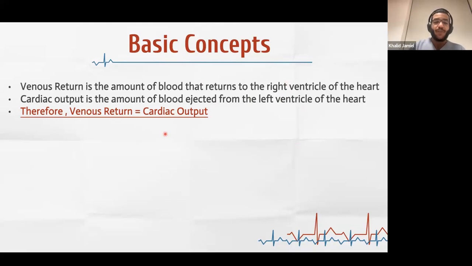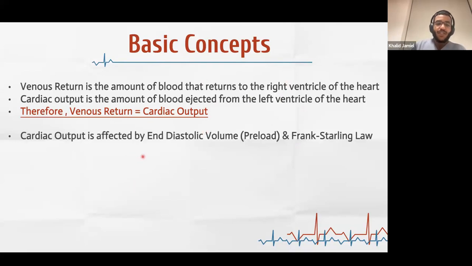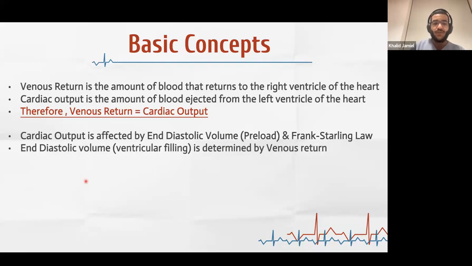The second important basic concept you need to know is that cardiac output is affected by the end diastolic volume, preload, and the Frank-Starling law. You took this in the lecture of cardiac cycle. An increase in preload will increase the cardiac output. The end diastolic volume or preload is determined by venous return.